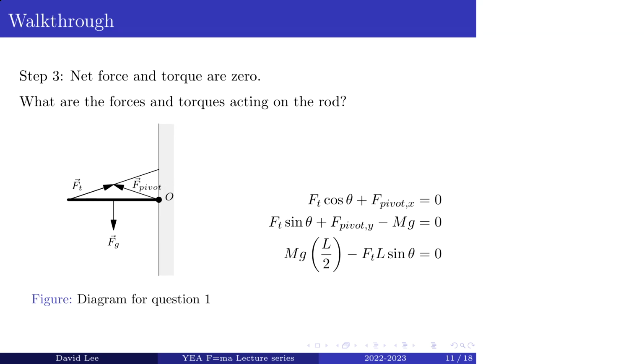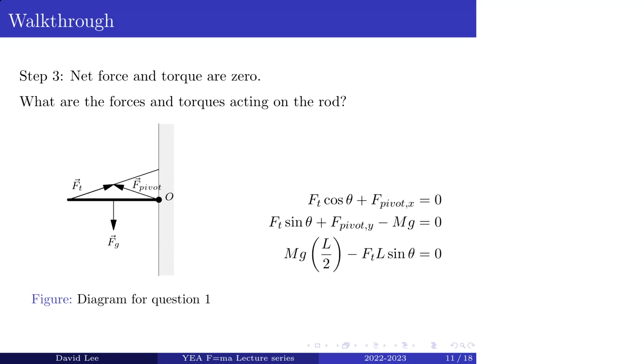So we can see that the tension force times cosine theta, that's the X component of the tension force. And there's also F pivot X, the X component of the pivot force that we just defined there.